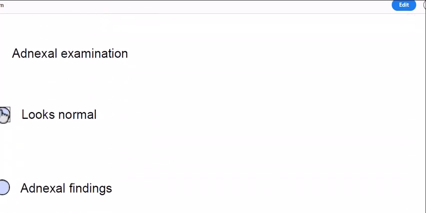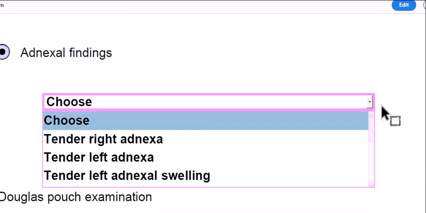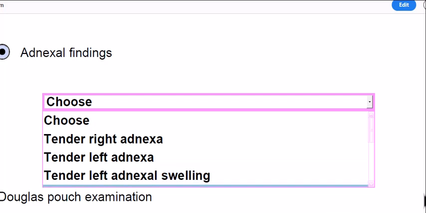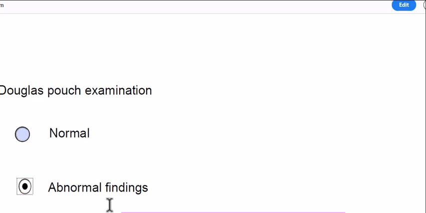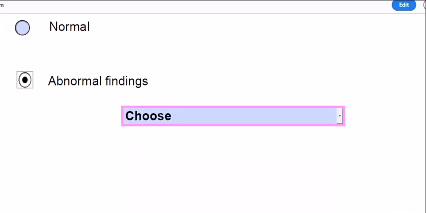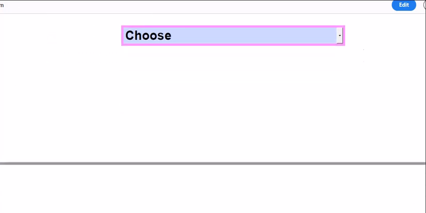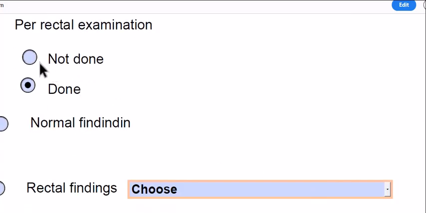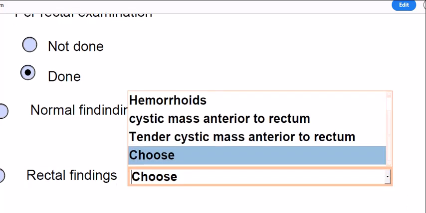And then the adnexa look normal, or the adnexa findings, tender right adnexa or left adnexa, and then the Douglas pouch is normal, or if there are abnormal findings of the Douglas pouch we have to mention them. Sometimes we do a rectal examination, especially if there is a mass in the Douglas pouch, and then we determine any findings on the rectal examination.